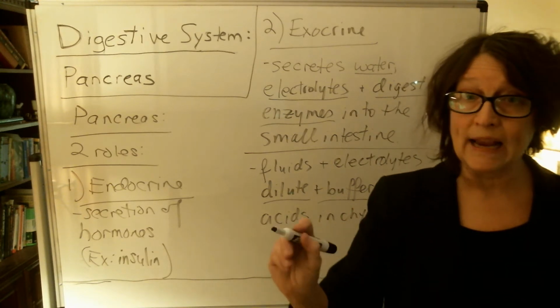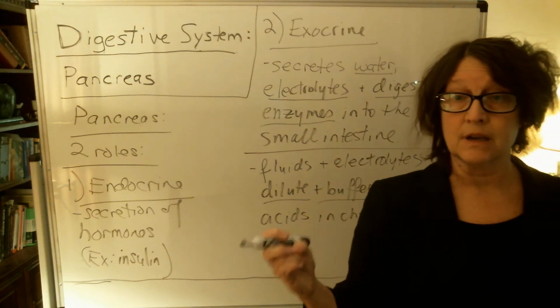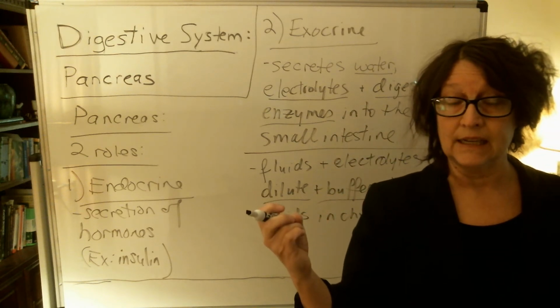Remember, chyme is flowing out of the stomach into the small intestine. It is highly acidic because it's got hydrochloric acid from the stomach in it.